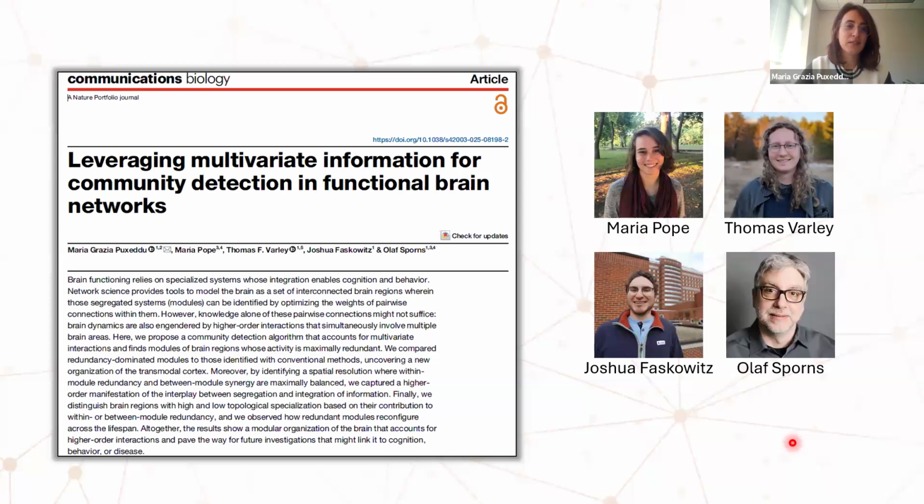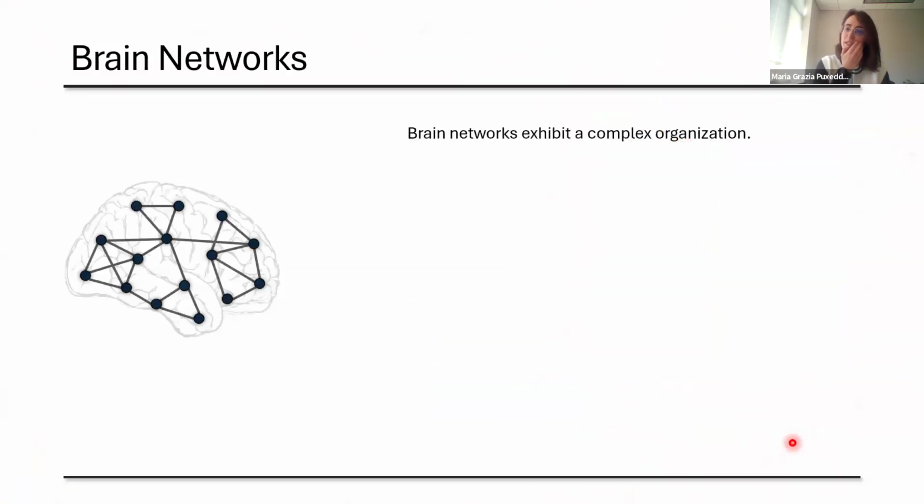Okay, let's get into brain networks. As you might already know, the brain can be modeled as a network. So we have different brain areas that are our nodes, and they can be connected or not to each other, and that forms our brain network.